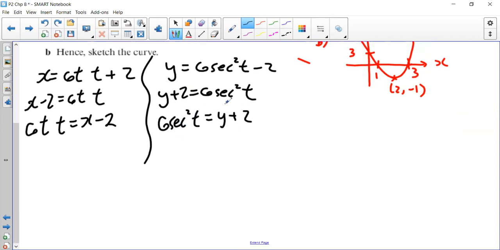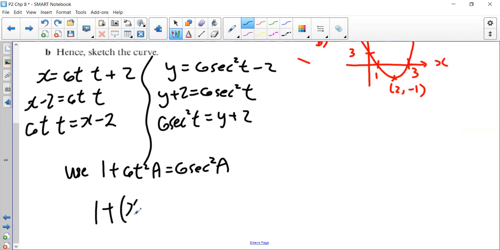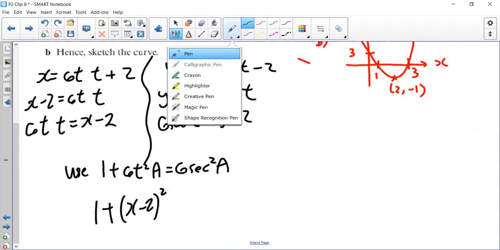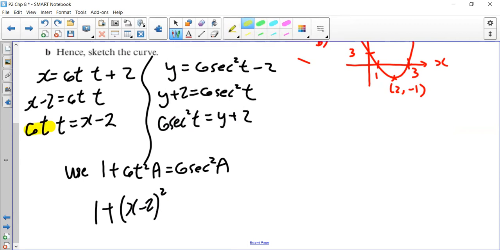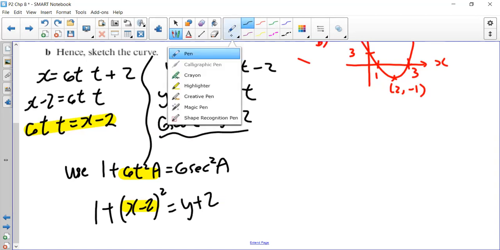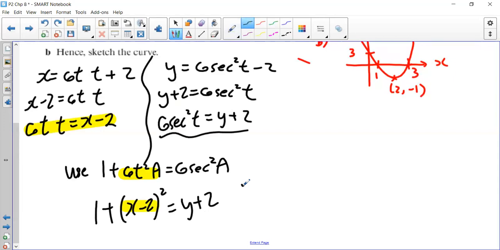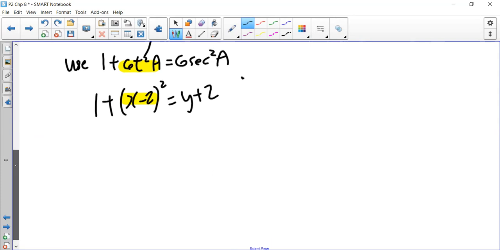So 1 plus cot squared t, so 1 plus (x minus 2) squared, that's your cot t squared, equals cosec squared t, which is the same as y plus 2. I'm not square rooting because you can see it's cosec squared, so there's no point.